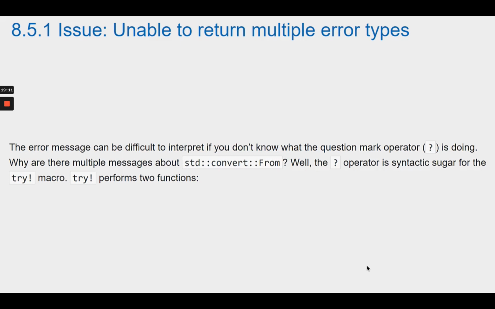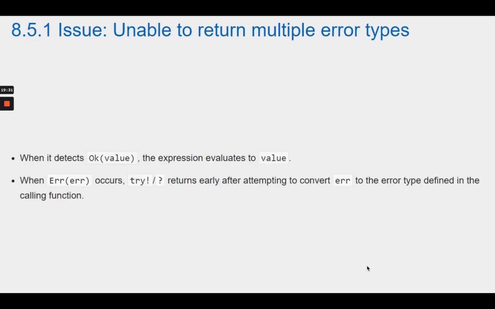The error message can be difficult to interpret if you don't know what the question mark operator is doing. Why are there multiple messages about std::convert::From? Well, the question mark operator is syntactic sugar for the try! macro. try! performs two functions.